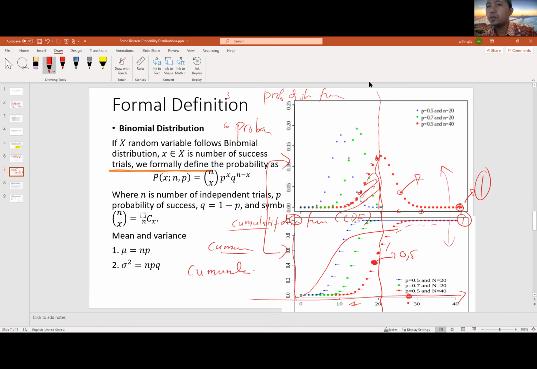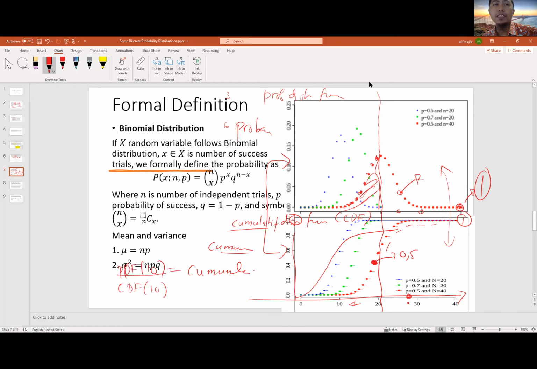Jadi contoh nih ya, misalkan saya ingin menghitung CDF dari 10 dan PDF dari 10.